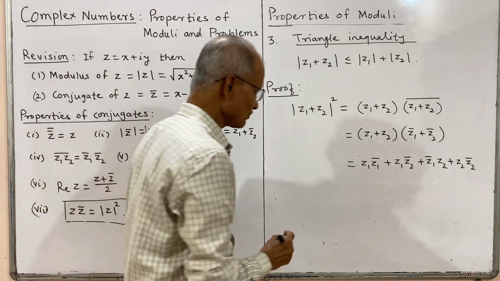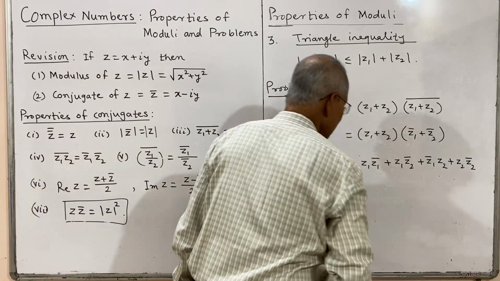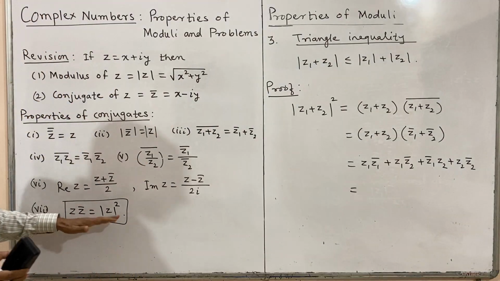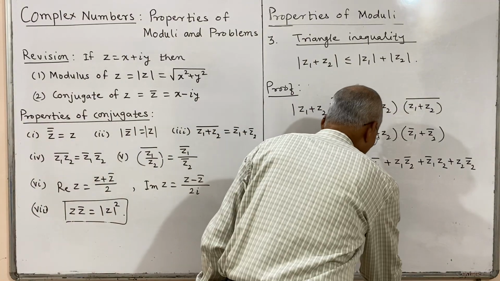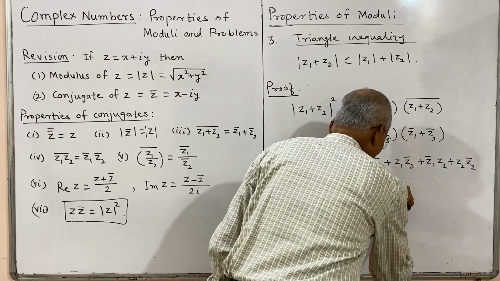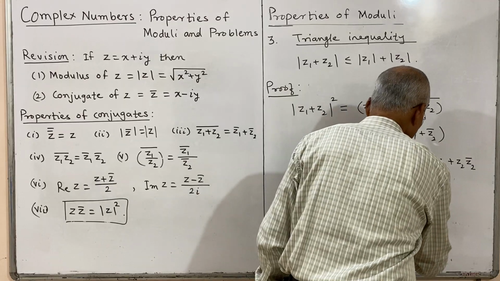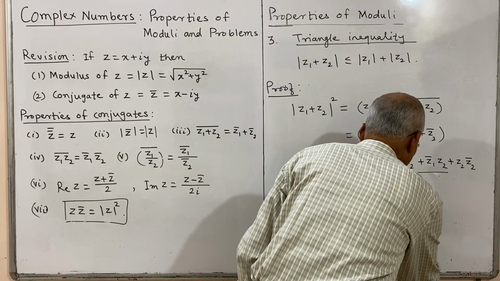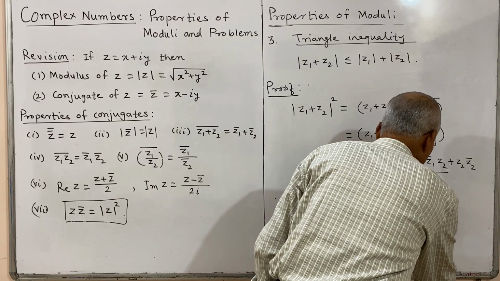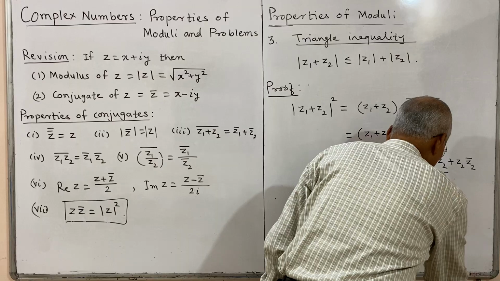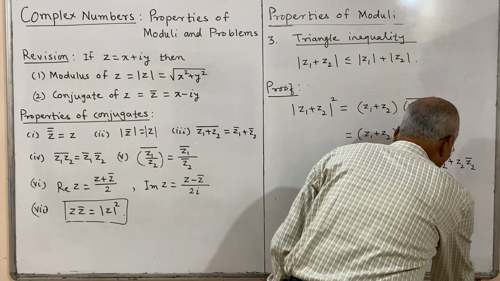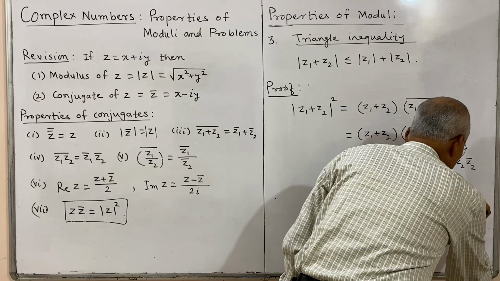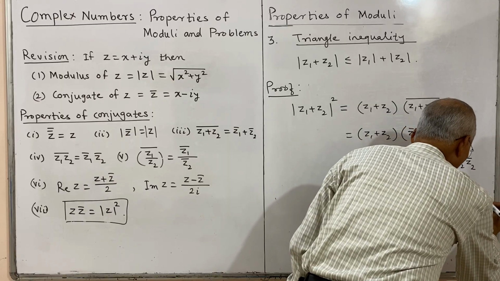This is equal to further, z1 z1 bar is mod z1 whole square, and these two terms we shall write like this, plus z1 z2 bar plus z1 z2 bar and its conjugate, plus mod z2 square.